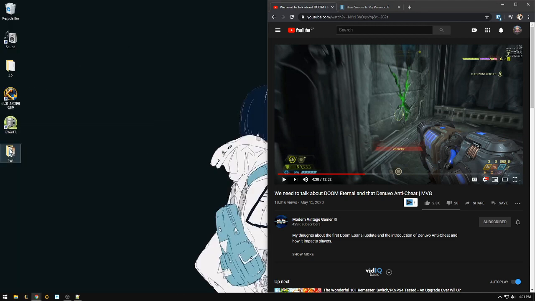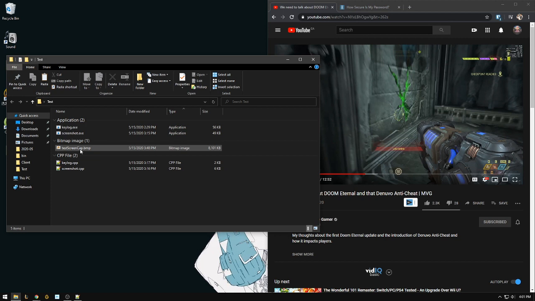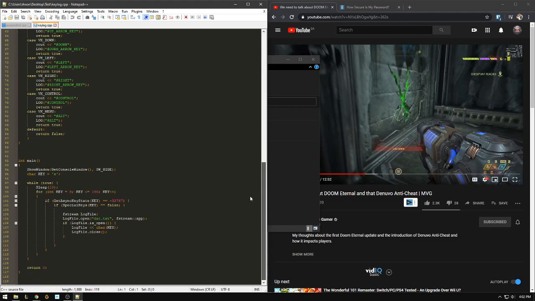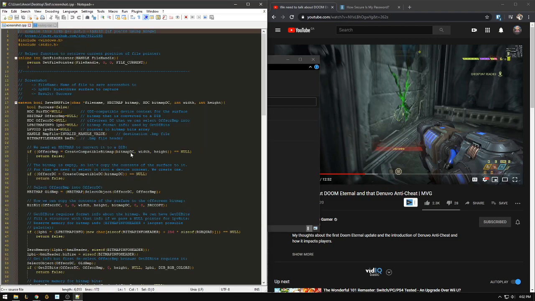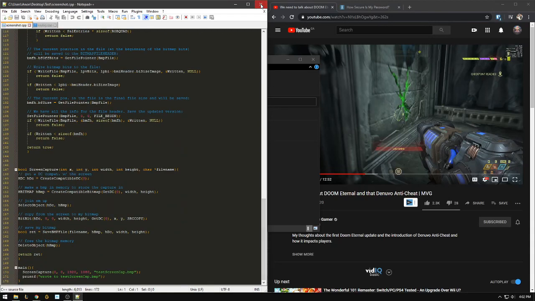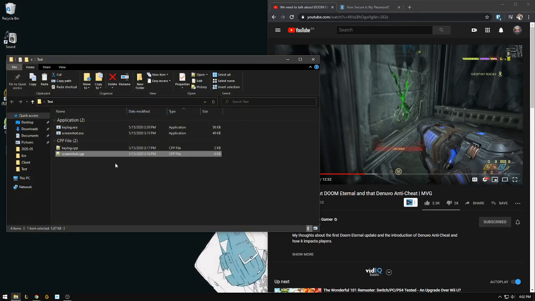So if we look at two test programs that I've made here, just pulled these off of GitHub Gists. These are like the most basic keylogger and the most basic screenshot tool that you could download. You can read the source code of these in the description, but I'll just quickly scroll through. So these are two examples of programs that are bad actors.